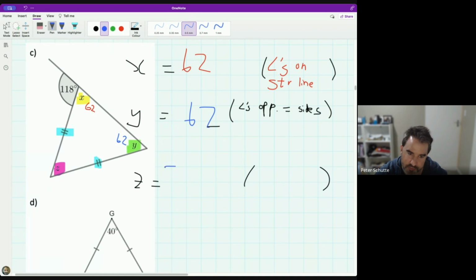So this would be 56. And the reason would just be sum of angles in a triangle, which I used earlier in the lesson. But you would need to write sum of angles in a triangle. Okay, so those are a couple of extra theorems you need to know about: angles on a straight line, angles opposite equal sides, and so on.